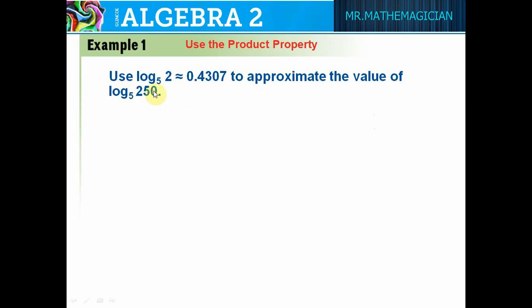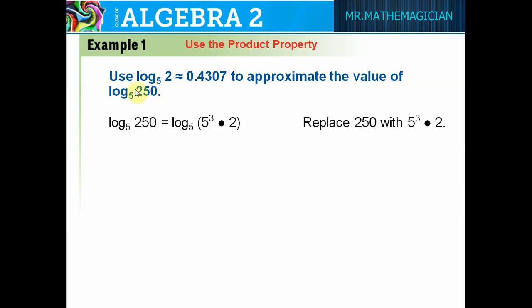Example 1. Use log 2 base 5 approximately equals 0.4307 to approximate the value of log 250 base 5. First, we will express log 250 base 5 as log 5 to the power of 3 times 2 to the base 5.